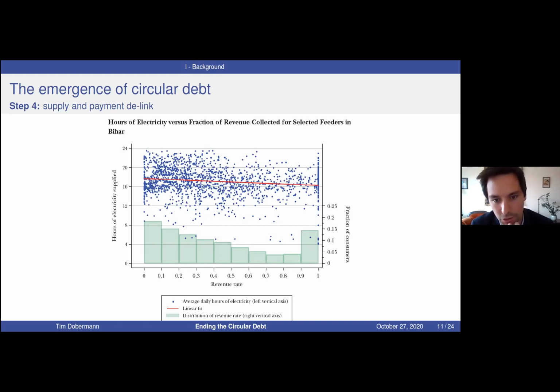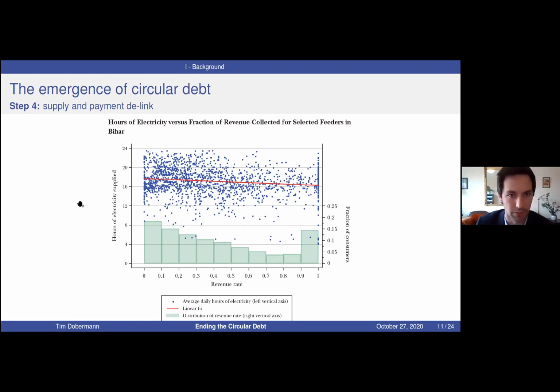The red line shows the relationship between the hours of supply you get and the amount of electricity that's paid for in a given feeder. This is basically showing that the supply is not linked to payment, and that breaks this whole market where in theory paying areas should get the supply, and areas which don't pay for electricity shouldn't have the good provided. So this is evidence that this often breaks down.